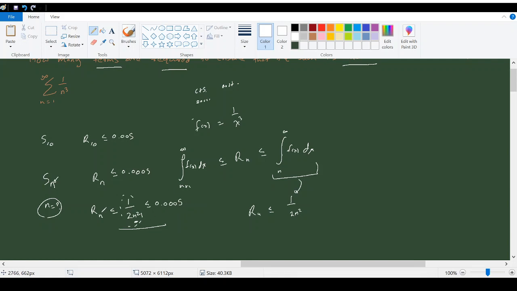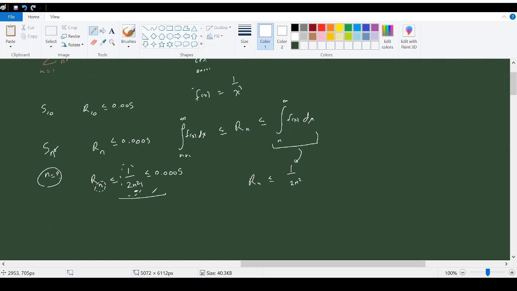In other words, if we add that number of terms, the error caused by adding this number of terms will be less than this one, right? So to find n, you just have to evaluate the given inequality, right?